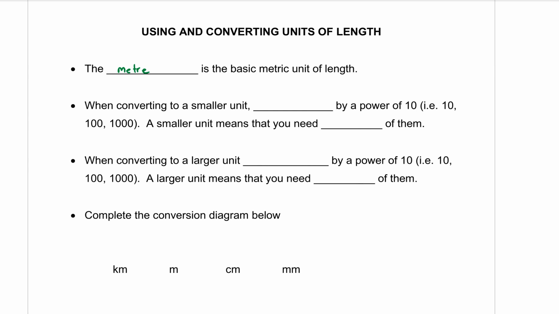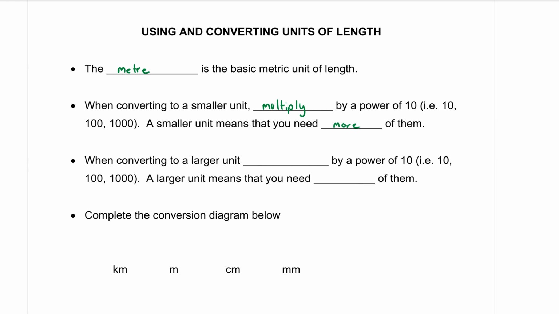When converting to smaller units, you are going to need to multiply by some power of 10. So it could be 10, it could be 100, it could be 1,000. A smaller unit means that you need more of them when you're converting, and so that's why it makes sense to multiply.